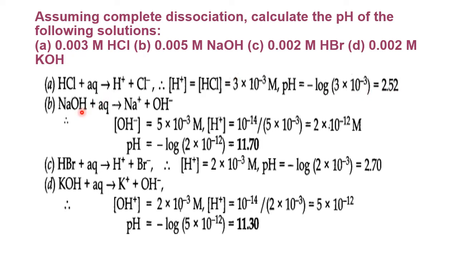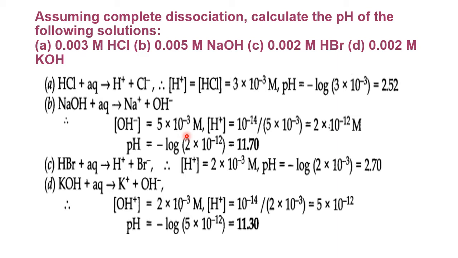Now, second, NaOH dissociates into Na plus and OH minus ions. Here, we don't know the hydrogen ion concentration, so we have to find it by an indirect route. Whatever concentration of NaOH is there, that is the concentration of OH minus, as we did in the first case. Therefore, OH minus concentration equals 5 into 10 to the power minus 3 M. Now, we know in chemical equilibrium that the hydrogen ion concentration into the hydroxyl ion concentration equals 10 to the power of minus 14.